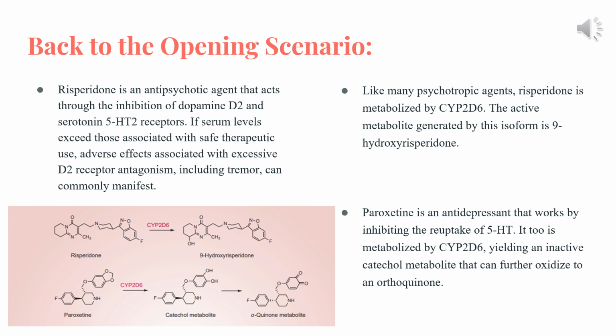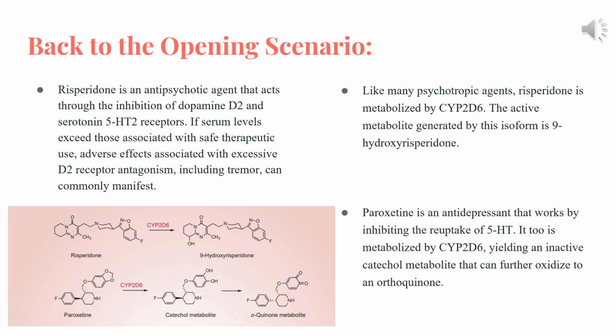The active metabolite generated is 9-hydroxyrisperidone. Paroxetine, on the other hand, is an antidepressant that works by inhibiting the reuptake of 5-HT. It's also metabolized by CYP2D6, yielding an inactive catechol metabolite, which can be further oxidized to form an orthoquinone metabolite.